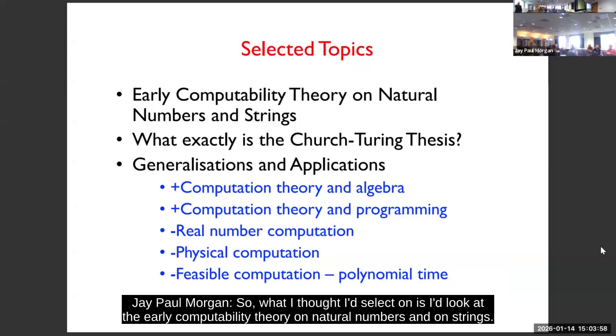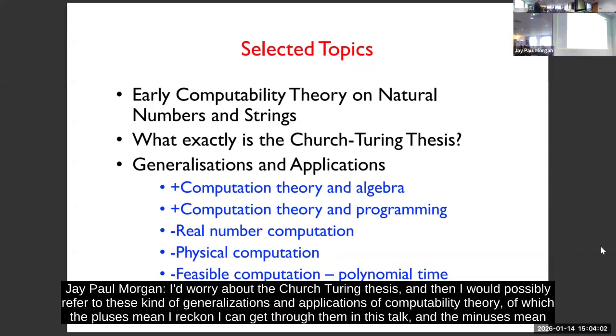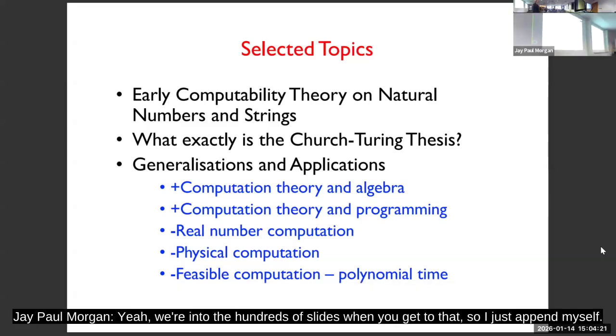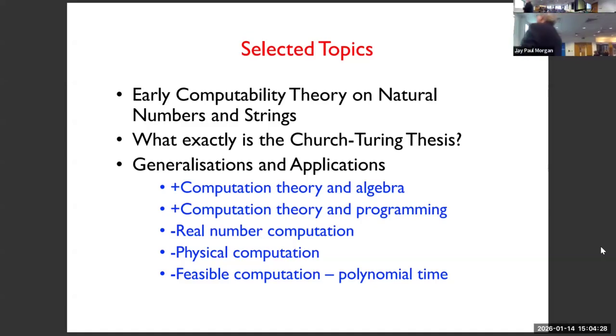So what I thought I'd select on is I'd look at the early computability theory on natural numbers and on strings. I'd worry about the Church-Turing thesis, and then I would possibly refer to these kind of generalizations and applications of computability theory, of which the pluses mean I reckon I can get through them in this talk, and the minuses mean, yeah, we're into the hundreds of slides when you get to that.